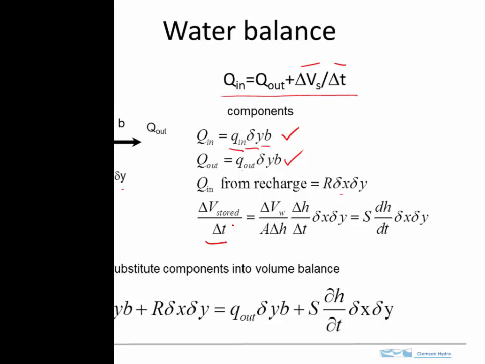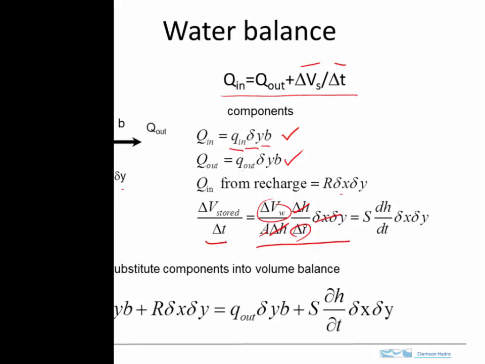What we're going to do is write that like this. If we cross out that term there, and this is an area, and this is the same area, then we have the change of the volume stored with time.